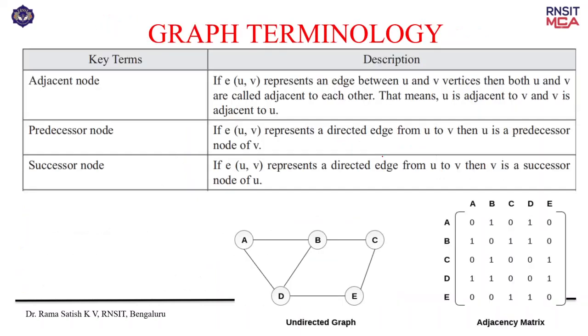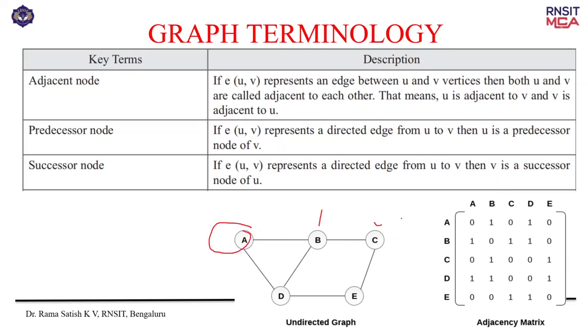And apart from this, we also discuss some of the terminologies that are used in graphs. The first one is adjacent node. An adjacent node is nothing but a node which has a direct connection. For example, what are the adjacent nodes of B? A is an adjacent node, because B to A there is a direct link.